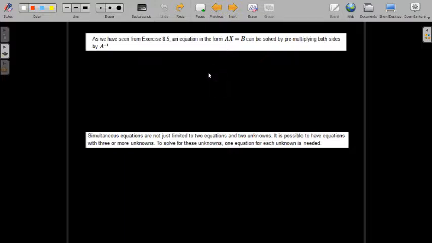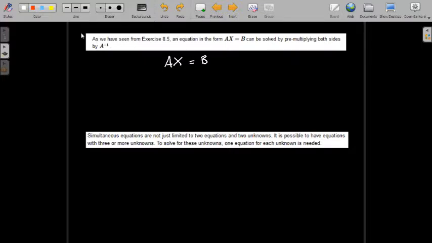As we've seen in previous chapters, an equation in the form AX equals B can be solved using inverse operations. So we start off with AX equals B, and we're trying to find X, our unknown matrix.